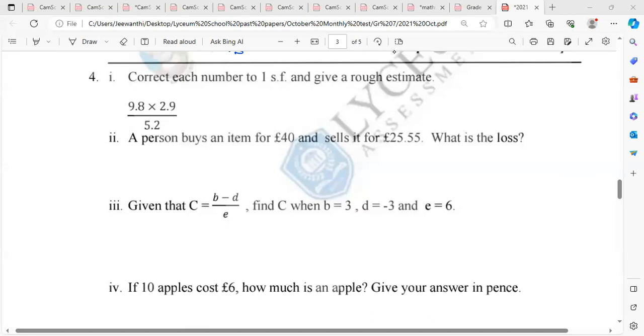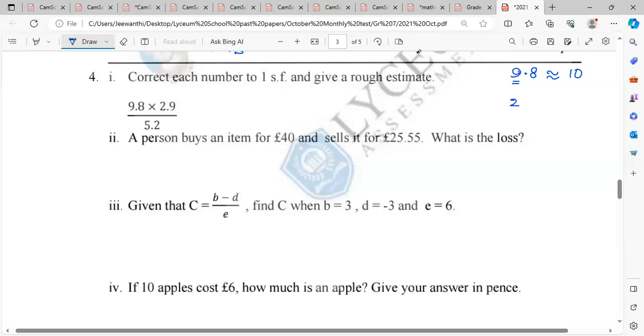So this is question number 4, and they have Roman number 1. They have asked us to correct each number to the first significant figure and give a rough estimate. Now, when you have this kind of question, children, what you want to do is this: 9.8, when you correct to the first significant figure, this is the first significant figure, you look at the next number, it is more than 5, so this becomes 10, right?